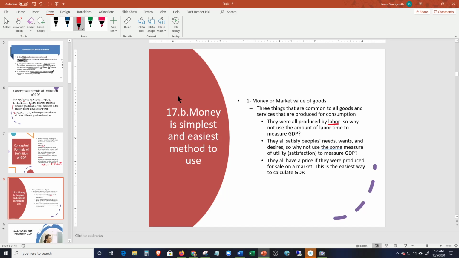2 hours of their work versus 2 hours of a neurosurgeon's work. How do you compare that? Well, you can do it, but it's a very complex matter, and you have to say, well, there's embodied human capital, much more of it in the surgeon's work, and bits of that are expended as he does his work.